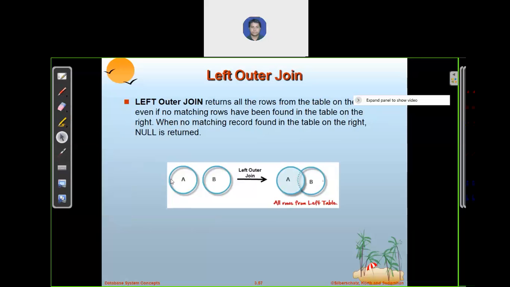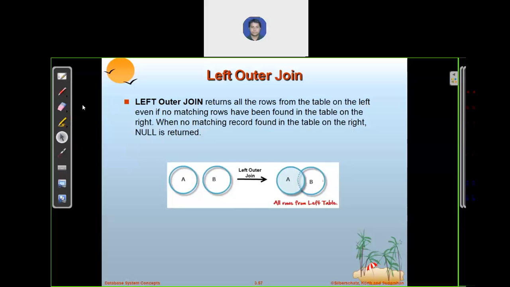First is left outer join. Left outer join returns all the rows from the table on the left, even if no matching row has been found in the table on the right. When no matching record is found in the table on the right, null is returned.